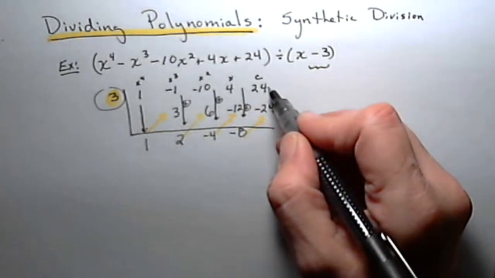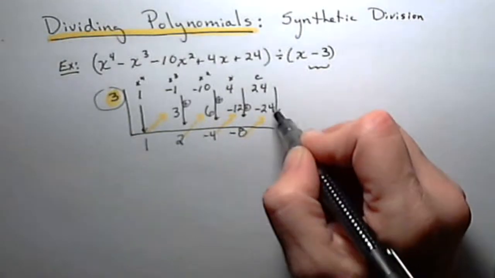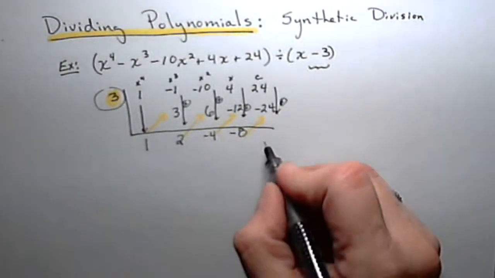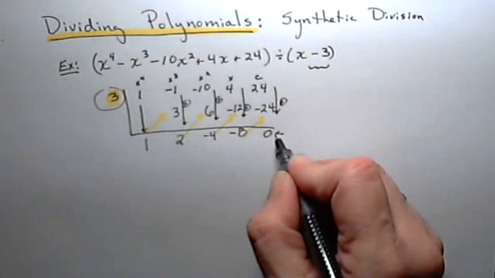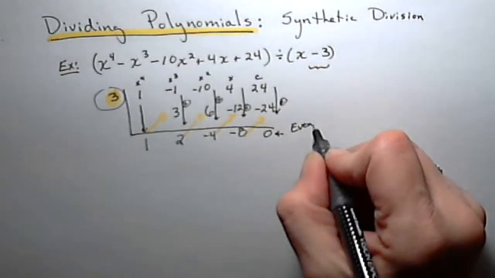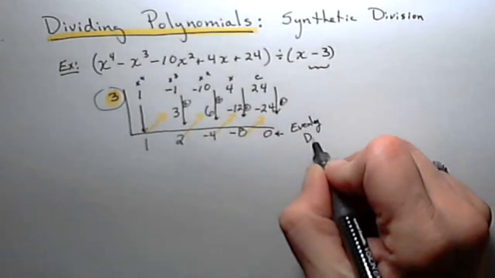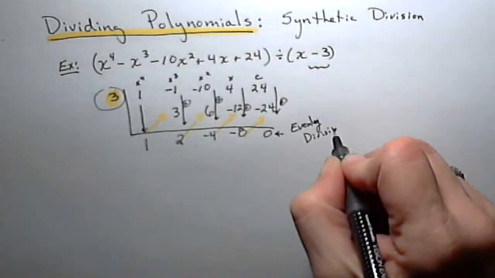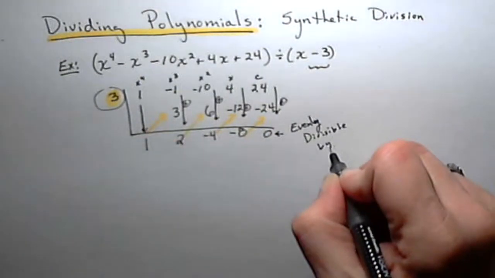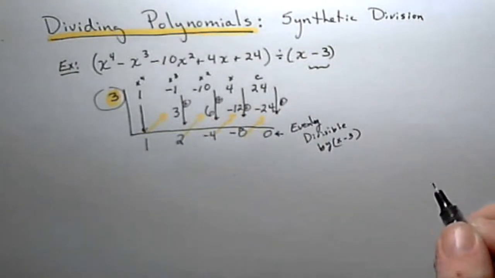Then 24 plus negative 24 is 0. And since that's 0, that means it is evenly divisible by x minus 3, because the remainder is 0.